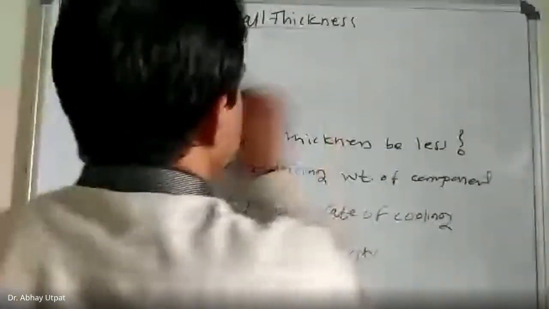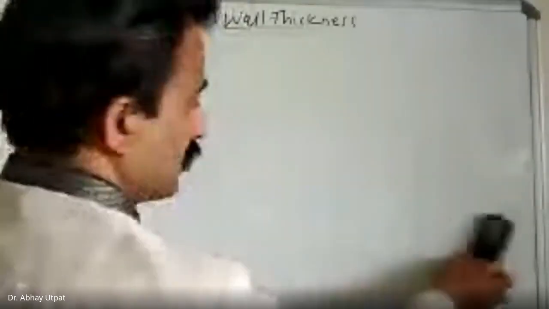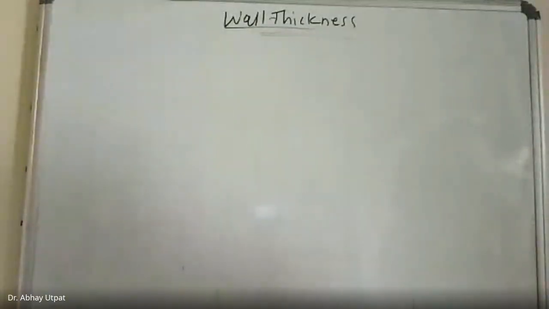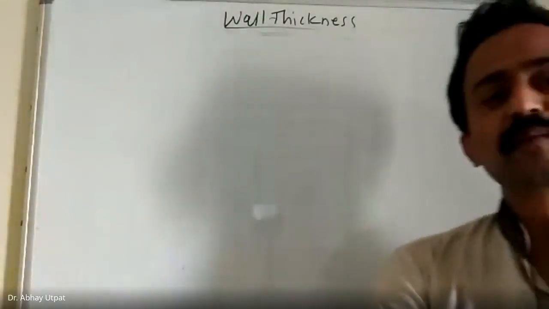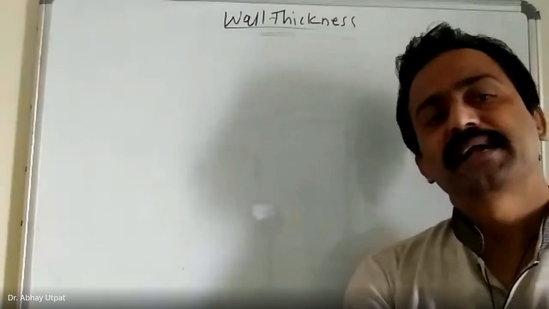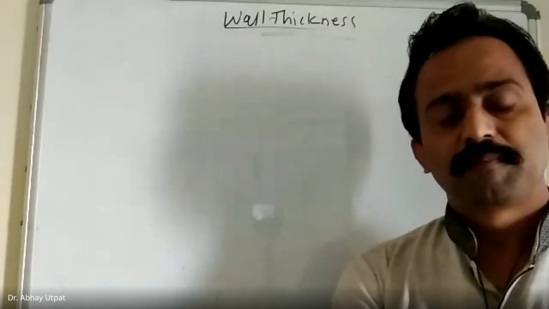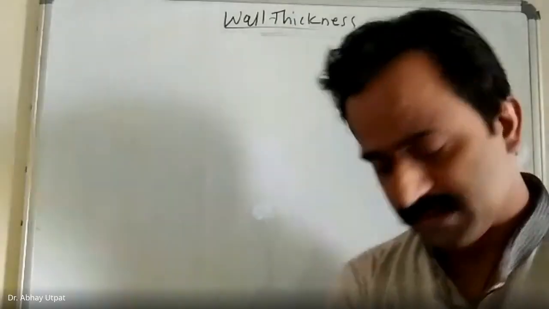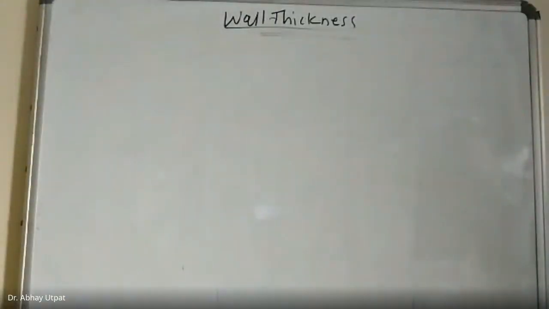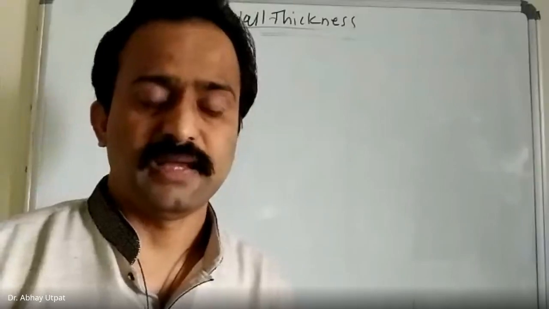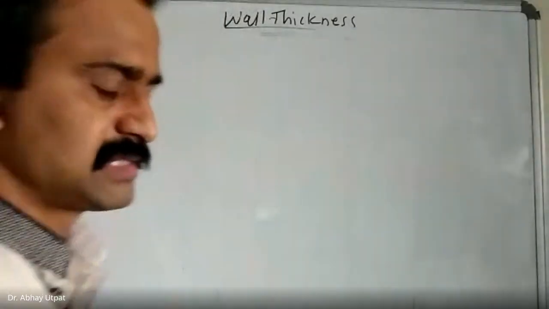In case of constraint of shape and size, the design is little modified by keeping uniform wall thickness without disturbing size and shape. How is it possible? Check.